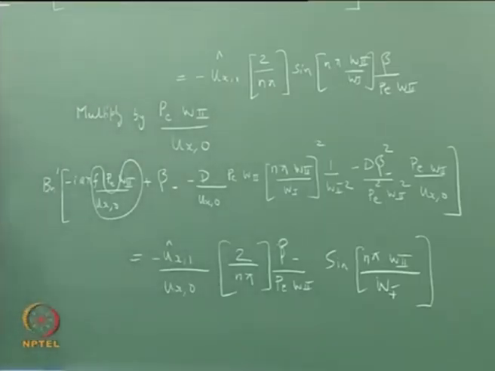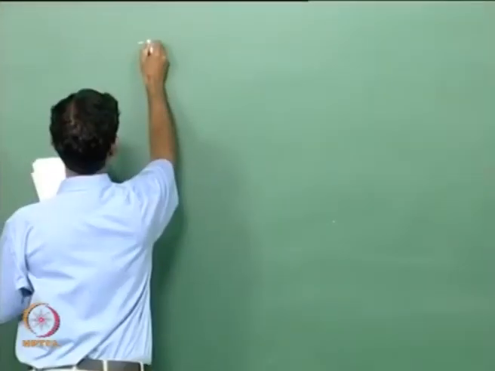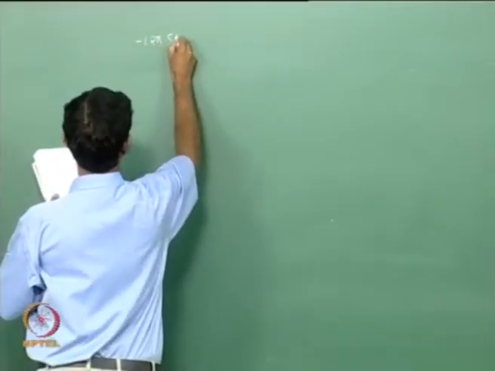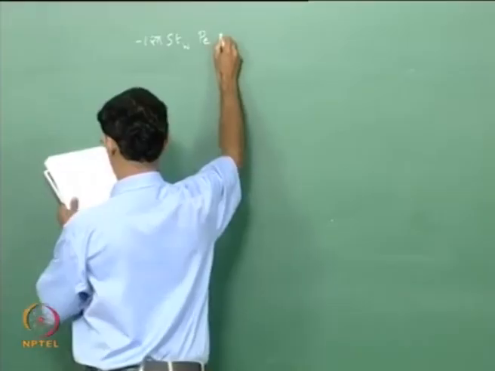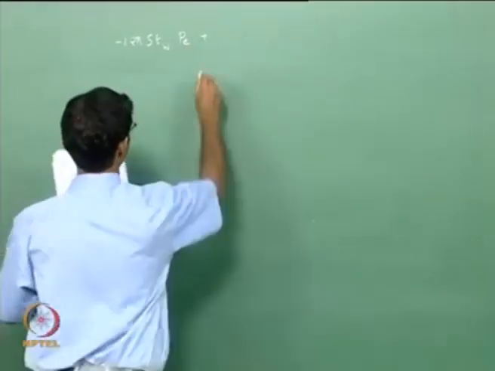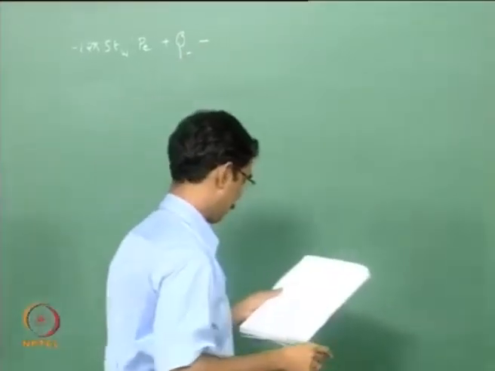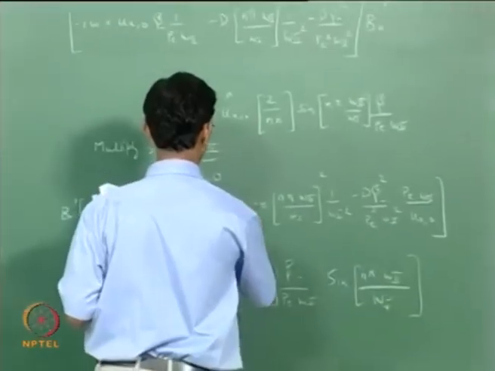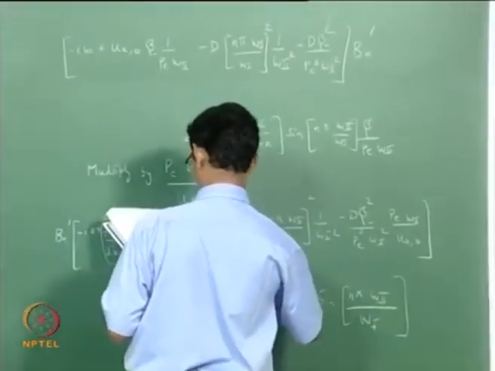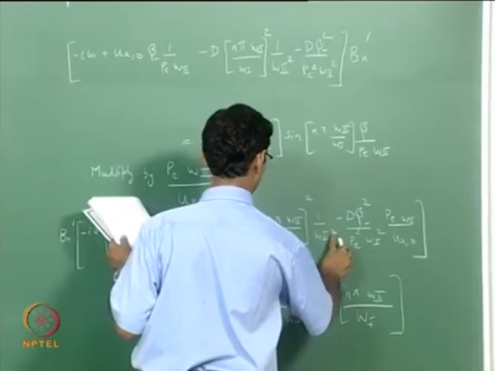The next term is just beta, minus, and we just take one of these W2.